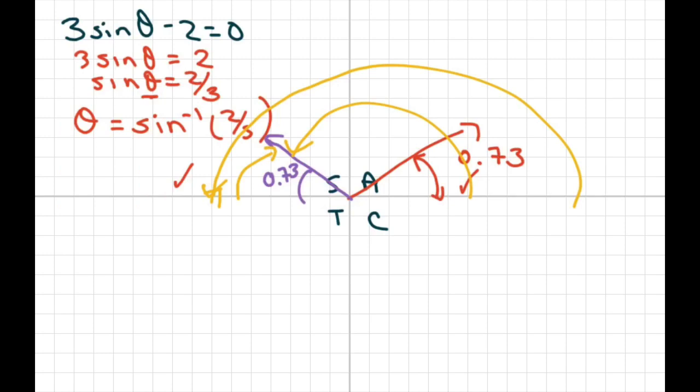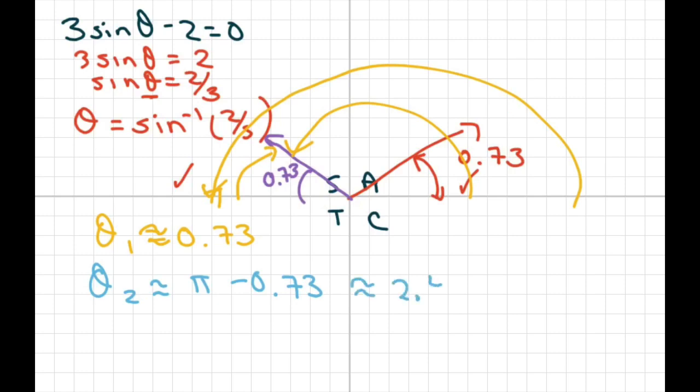So my first angle, we already know, is approximately 0.73, and my second angle is going to be pi minus 0.73, which is approximately 2.41.